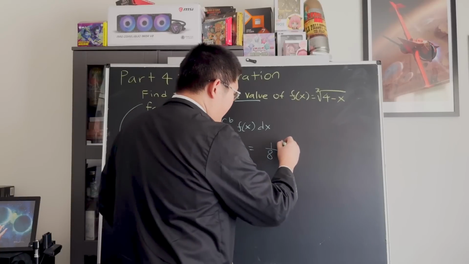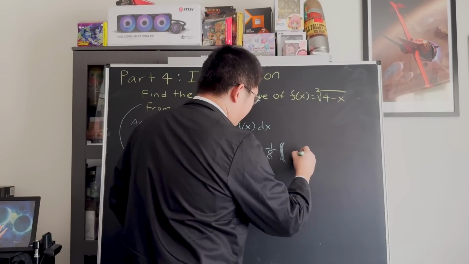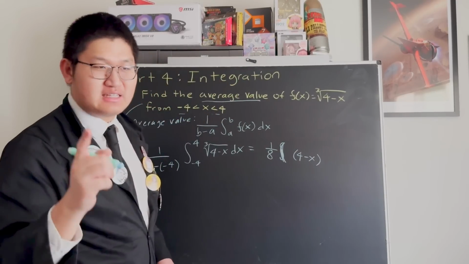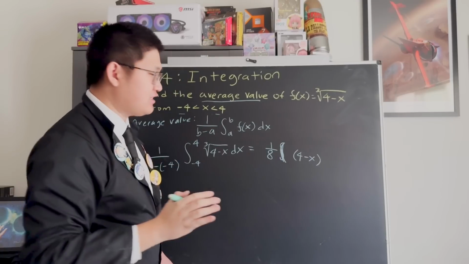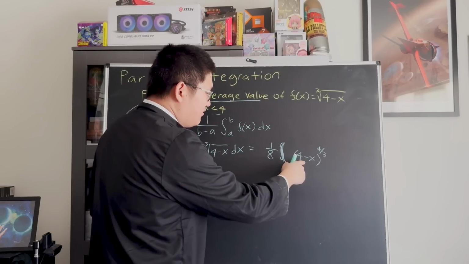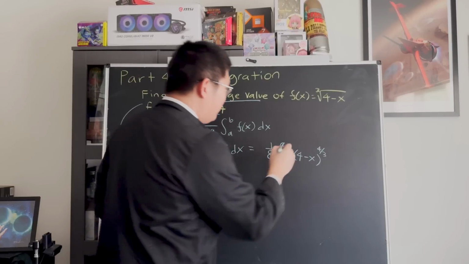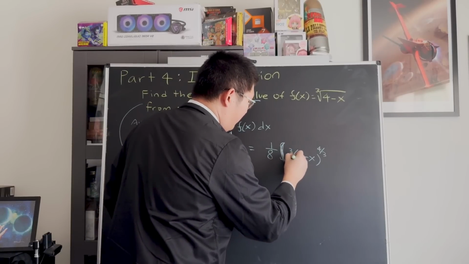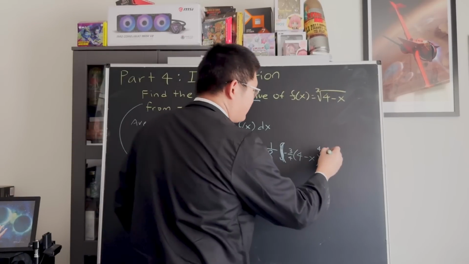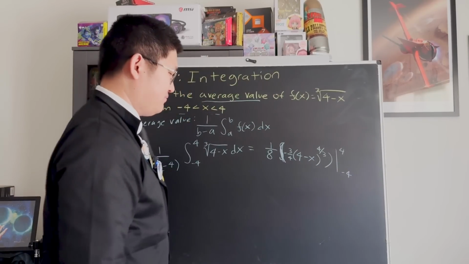So if we were to integrate this, it's going to be 4 minus x, all of this, instead of to the 1/3 power, keeping in mind that a cube root is just a 1/3 exponent, giving this a 4/3 exponent, and then making sure with a negative coming out, if we were to take a derivative thanks to chain rule, and the 4/3 coming down from the exponent rule, we will need a coefficient of 3 over 4 with a negative there to cancel that out. There is no need for plus c because we are defining the integral from -4 to +4.